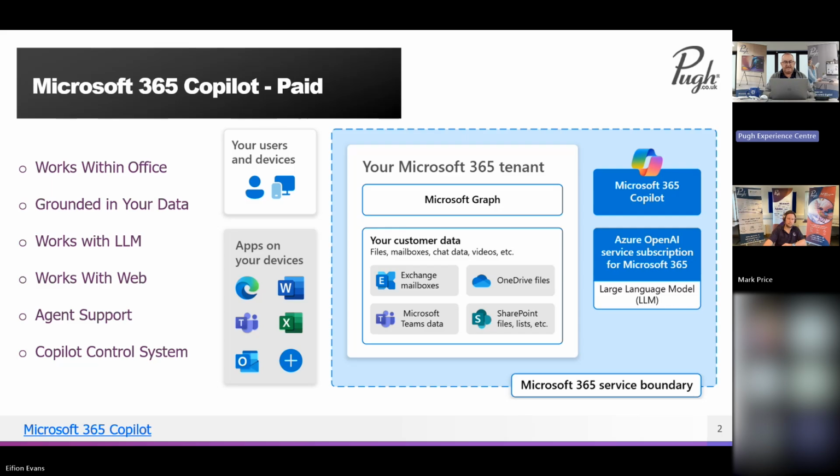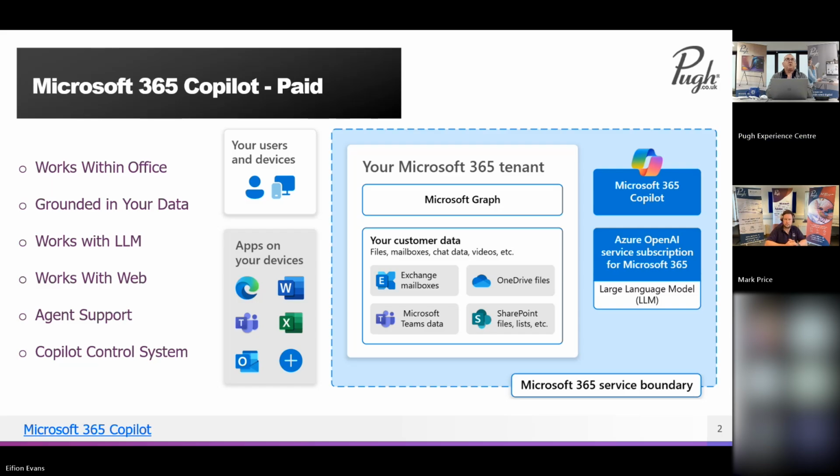The benefits of Copilot to start with are that it's inside your Microsoft 365 tenant. No matter what version it is, it's inside your Microsoft 365 tenant, and it's safe in there. None of your prompts, none of your data is used to train the large language model for other users. So that's the first thing, and that's across all versions.